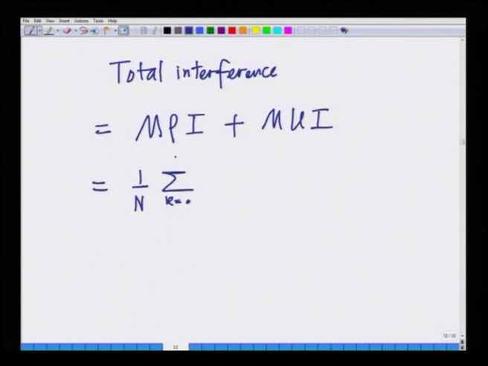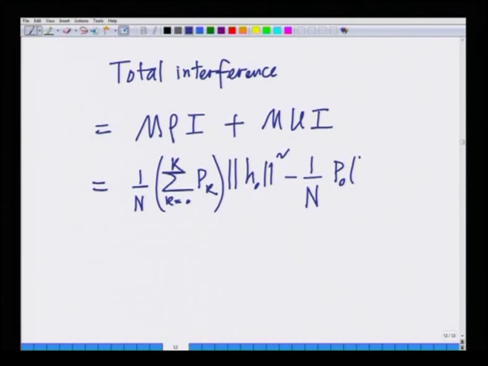Remember, there is also multipath interference coming from other components of user 0.